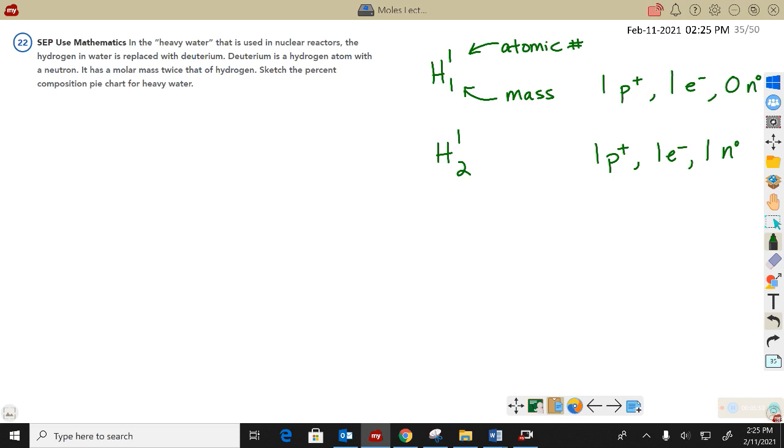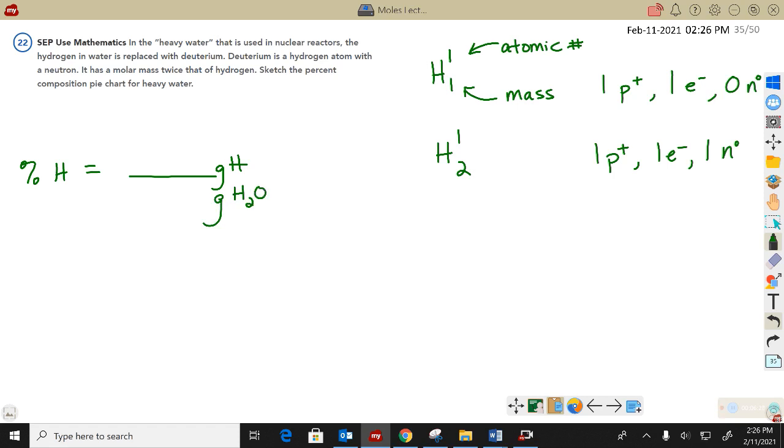Okay, so they want us to sketch the percent composition pie chart for heavy water. All right, so here's what this would look like. I'm going to do something where I have percent hydrogen. In heavy water, it's going to be the mass of hydrogen divided by the mass of the water.